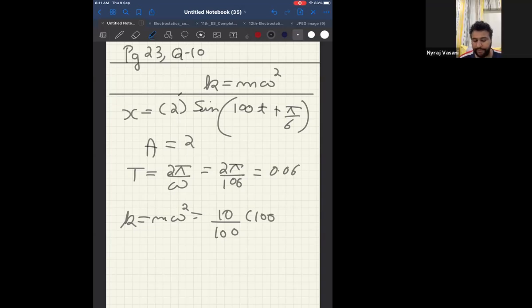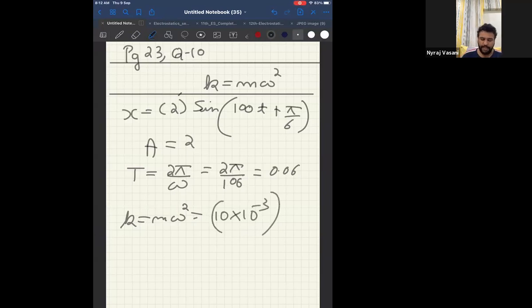CGS, because they have given everything in CGS. That is, they have given 2 in centimeter. Okay. Now, if you want to convert into SI, then you have to take 10 grams as 10 into 10 power minus 3.